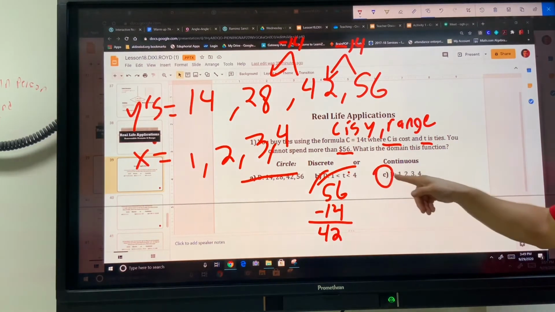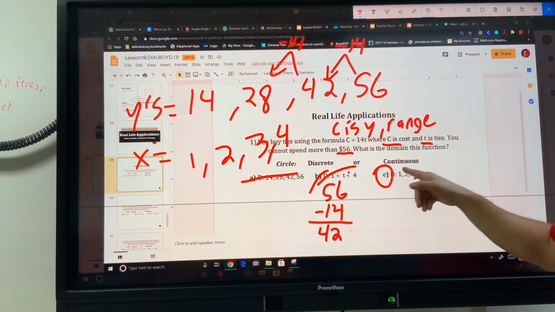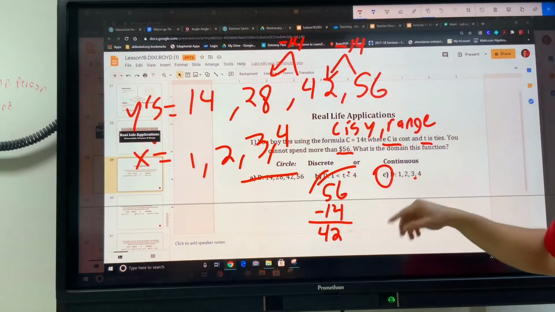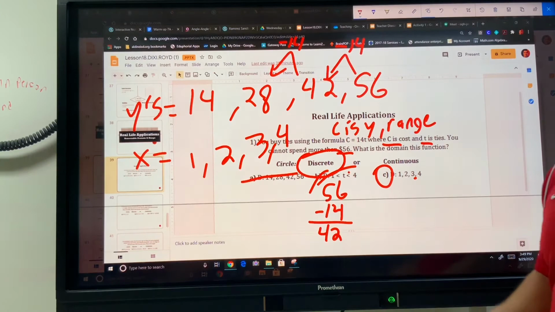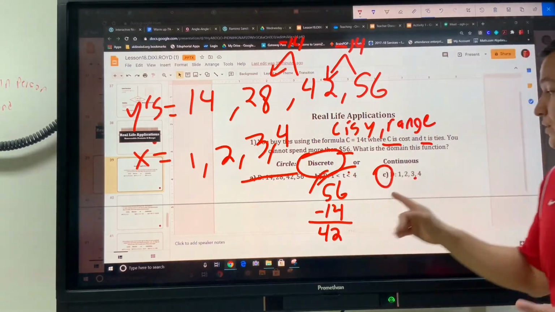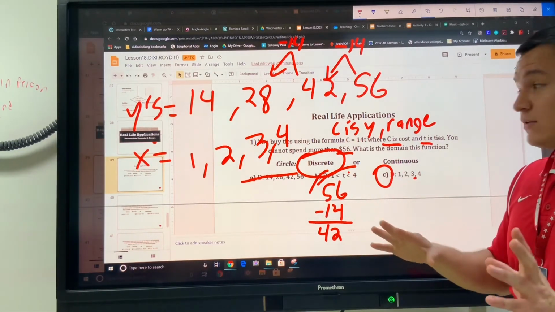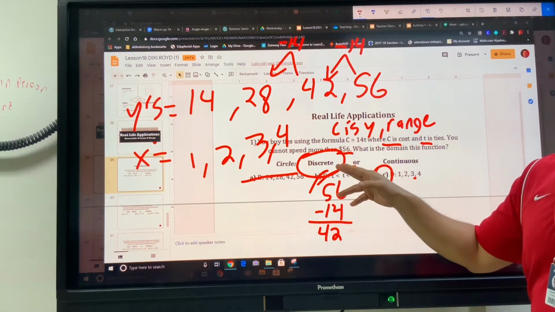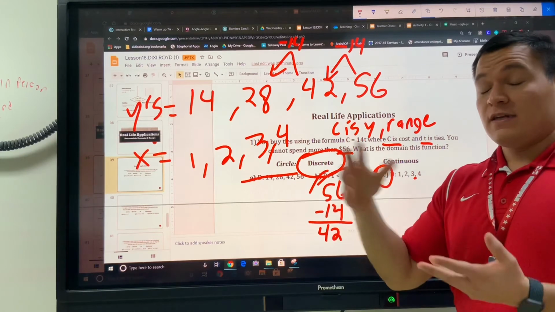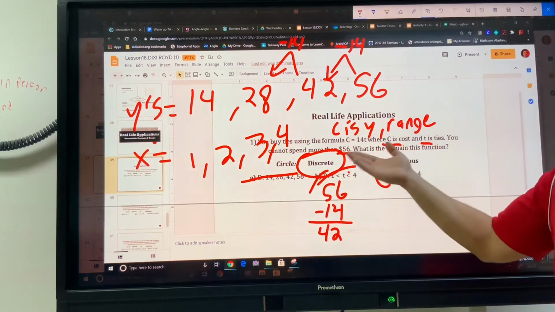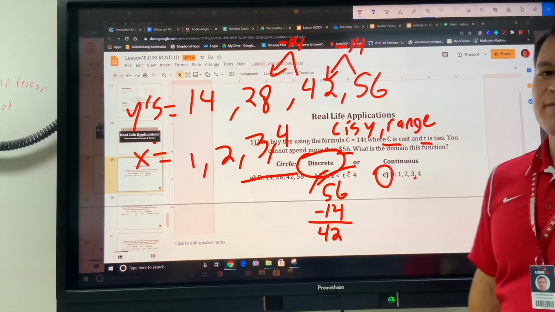We want this type of domain that just has 1 tie, 2 ties, 3 ties, 4 ties, and that is called a discrete domain. If you have the specific numbers with no decimals, that's the discrete. Decimals could be okay in a different situation, but if we're talking about buying ties, then we're not going to have decimals for ties.